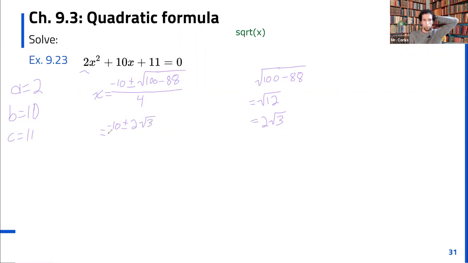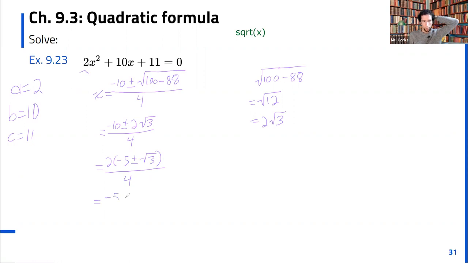So 2 root 3 over 4. We can see we have a common factor of 2 on the top. I guess we could write this out: 2 times -5 plus minus root 3, over 4, and then just reduce.